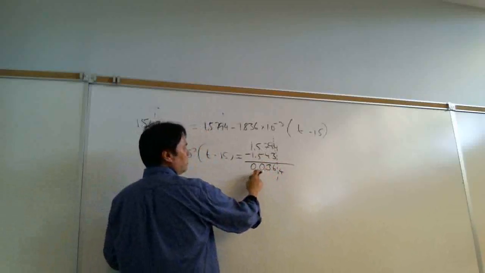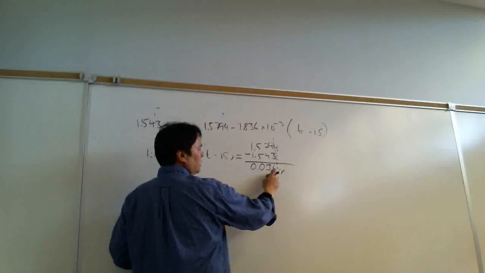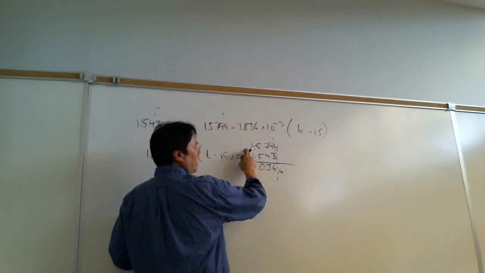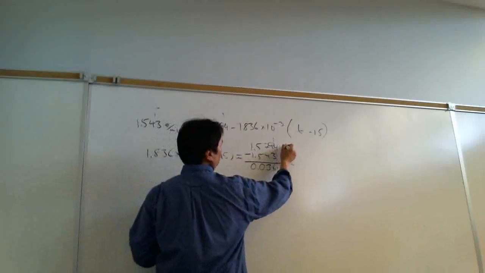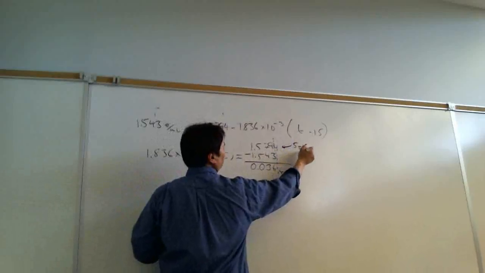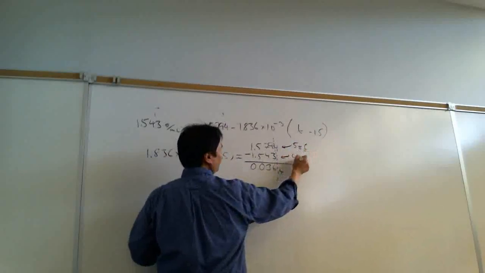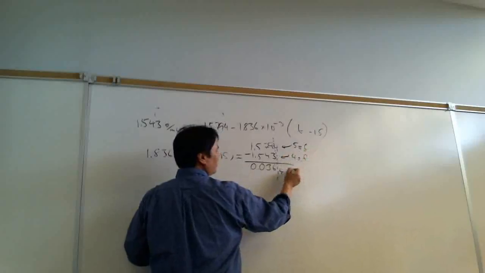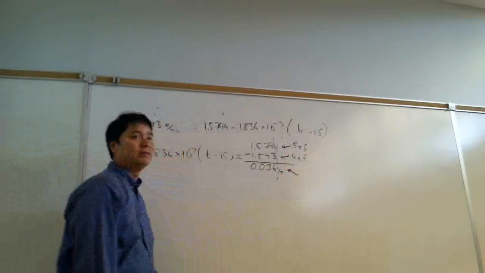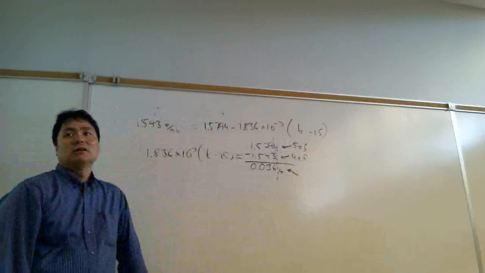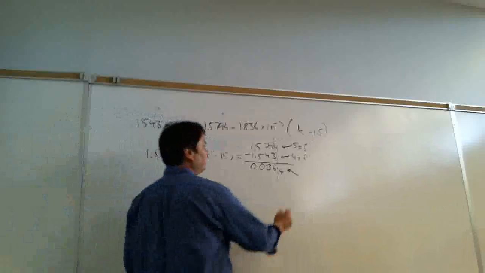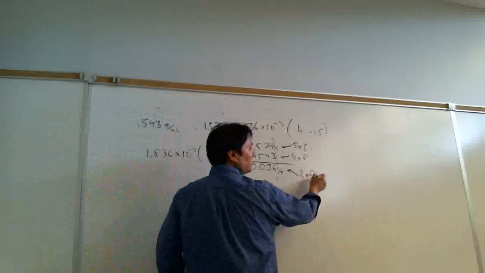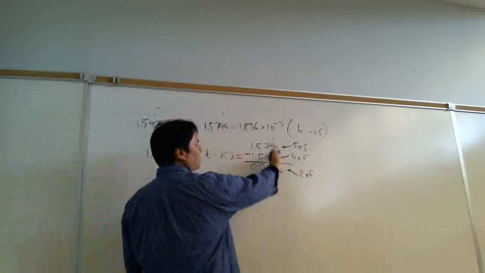And so I get 0.0364. So I have 5 sig figs here. I have 4 sig figs here, but my final answer is only allowed how many sig figs? I only have 2 sig figs for my final answer here. And it's because of the number of decimal places.